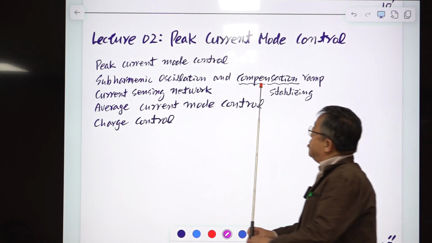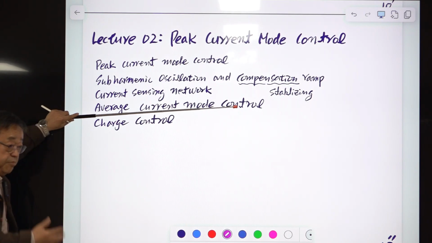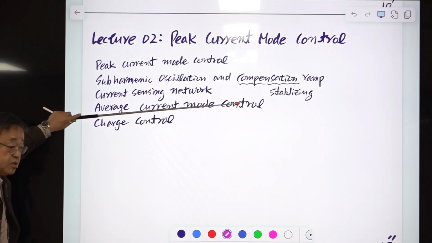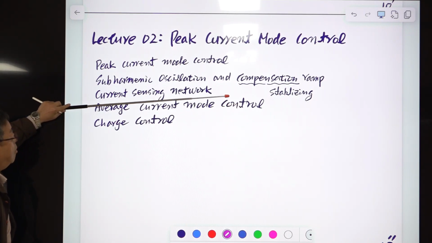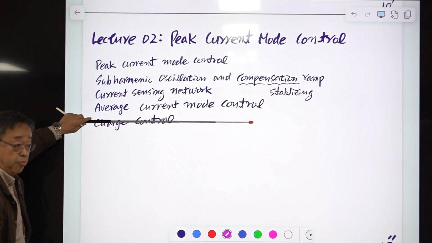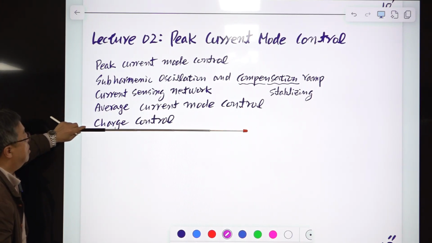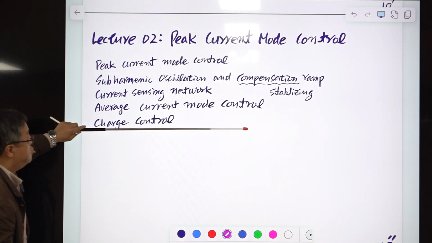And this current sensing network is not easy to implement. There are many issues around this, so I'll discuss some details about the practical current sensing network. There are also different types of current mode control. Another popular one is average current mode control, and the other common scheme is charge control.